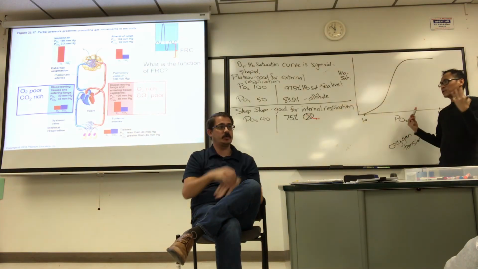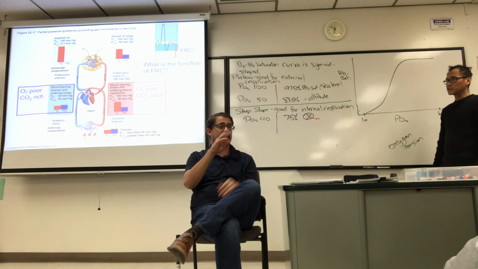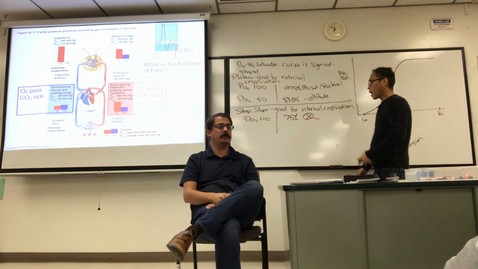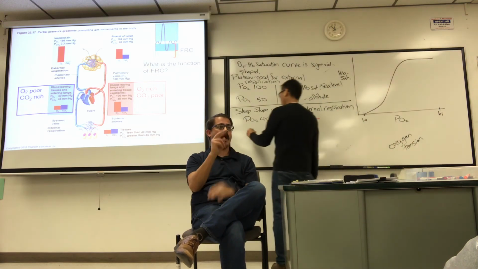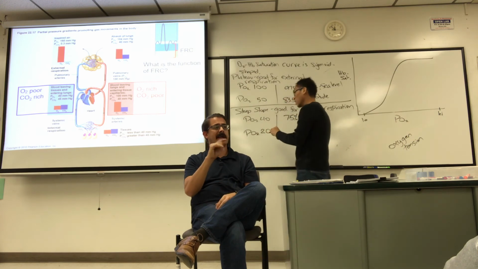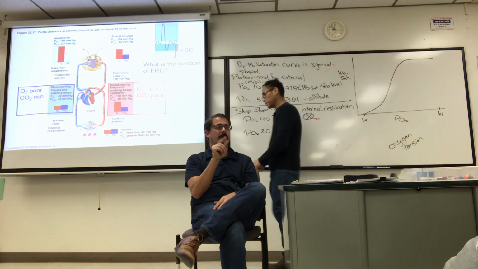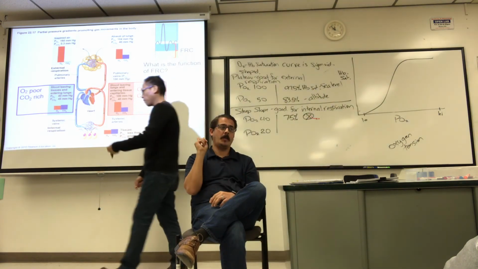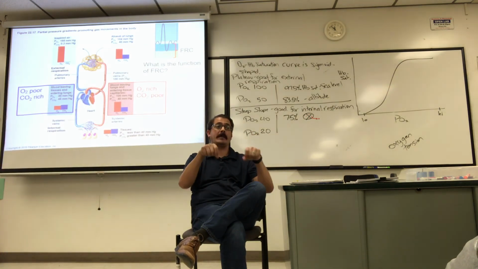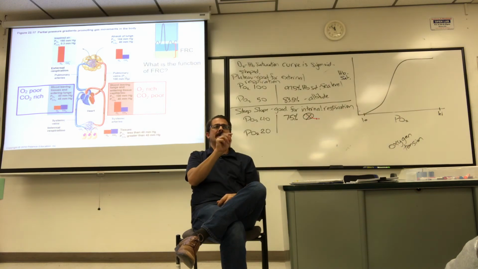And of course, it could be less than 40. Maybe you're vigorously swimming, working out, and you're utilizing more and more oxygen. Maybe the oxygen tension in the working muscles gets to 20. At this point, we're in the steep slope, so it's more efficient at dropping it off. Let me go back to the oxygen saturation curve.